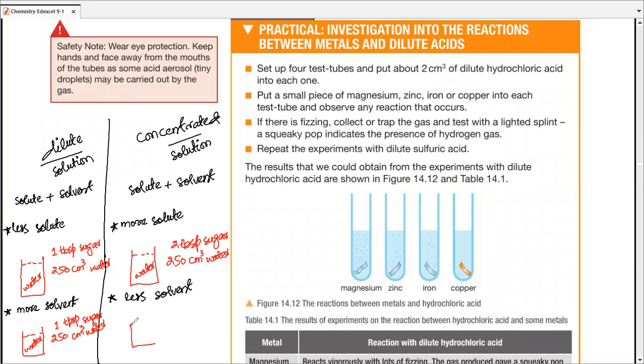And in the other one, I intentionally never filled the glass full, I filled the glass half. For the same 1 tablespoon of sugar, I filled the water half of it, which is 125 cubic centimeter of water. Now, which one do you think is going to taste sweeter than the other?